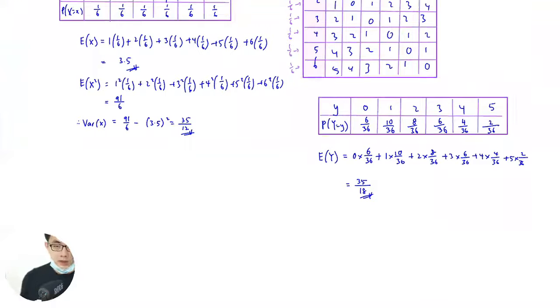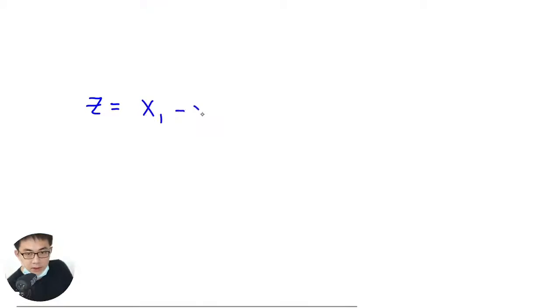So the random variable Z is defined as you take the first observation minus the second observation, but you don't mod it. The second one you mod it.